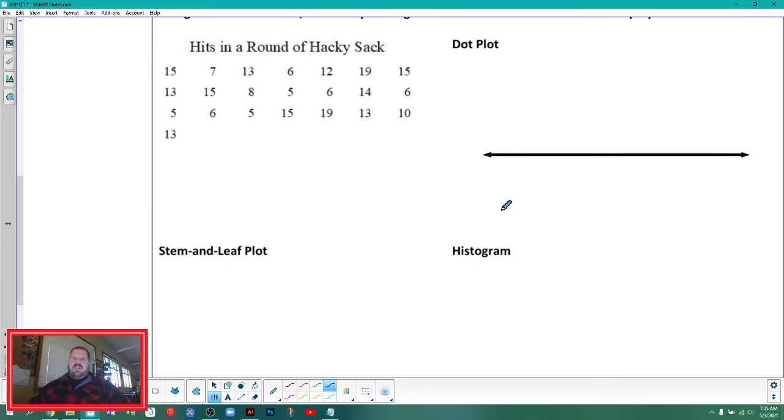So I'm actually going to do, and this might seem kind of odd, the stem and leaf plot first, just so I get an order to my numbers. It is important to decide what your stem counts for. My stem's going to be the tens digit because all these numbers are really between 0 and 20.